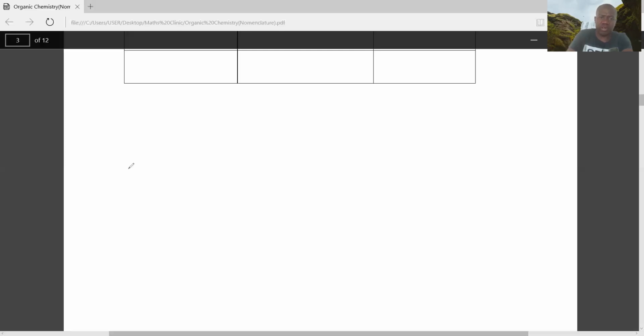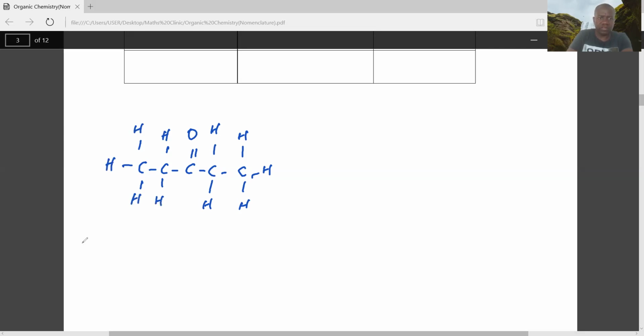from the first one we had 1, 2, 3, 4, 5. On number 3 we have this. Okay, let me just write that atom. So what is the molecular formula? I'll just write MF. C5H10O.